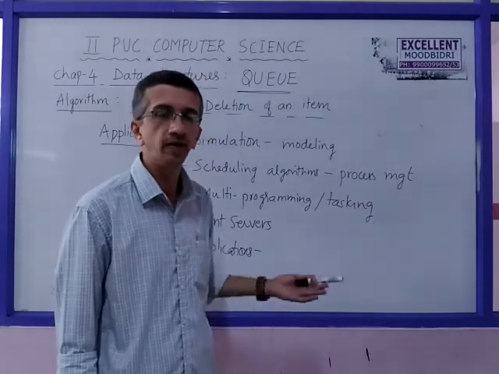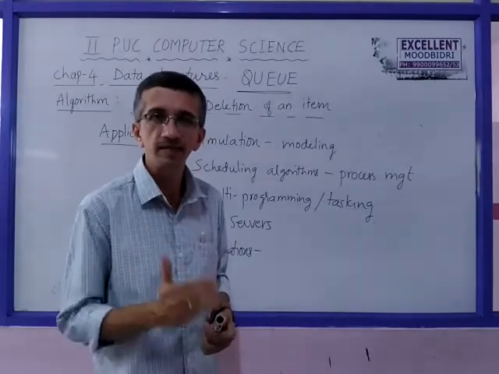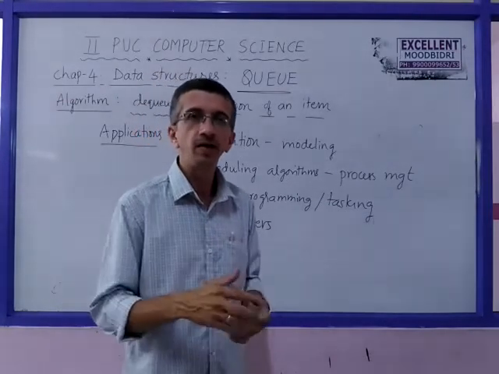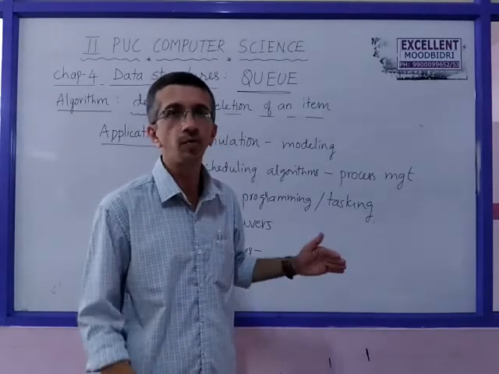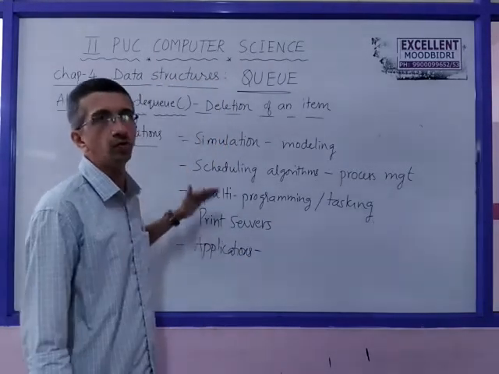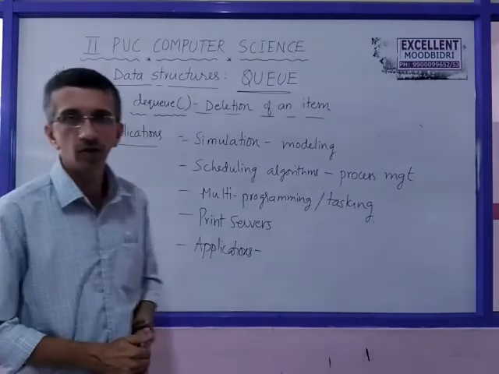So as I told, wherever there is a competition to get a limited resource, where the resource available is less and the competing entities to get the same resource are more, the best possible way is to put them into a queue. So these are some applications of queues.